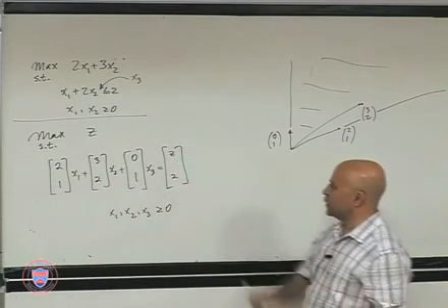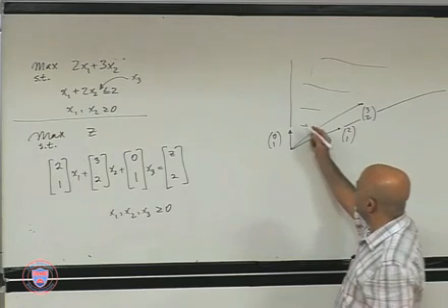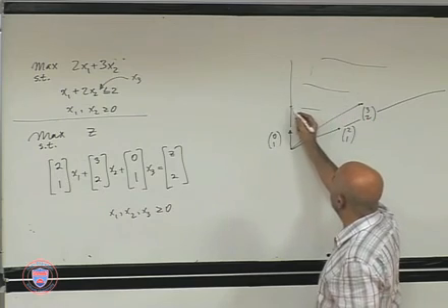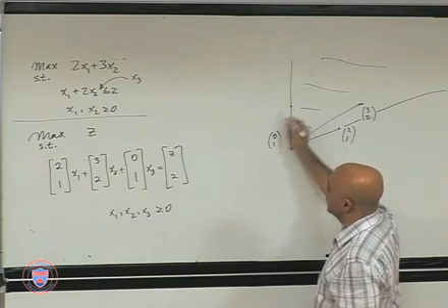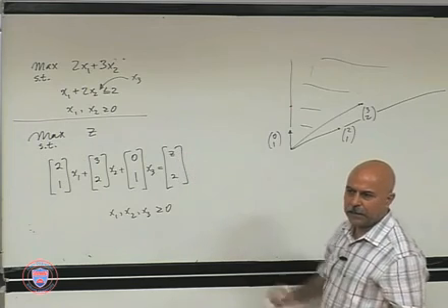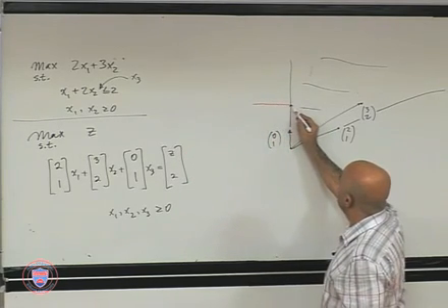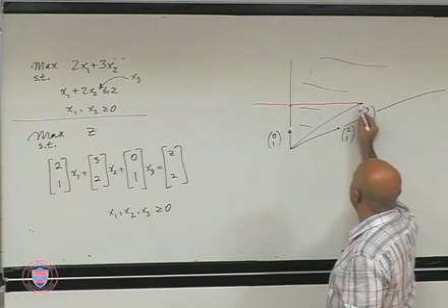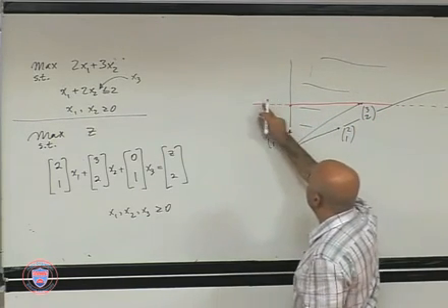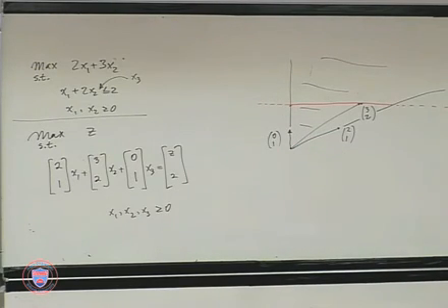Now, if you look at the vector z and 2, for example, when z is 0, you have 2 here, which is at the same height as that one. And then, of course, when you keep the second component fixed but change z, you start generating this line here. Let's make it broken and outside of the feasible region.